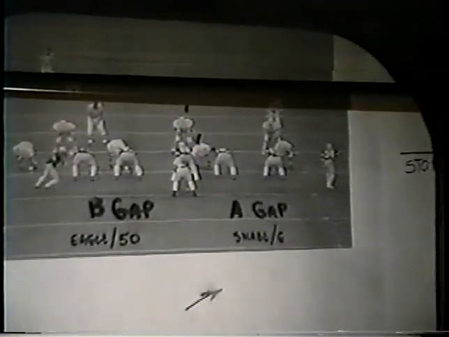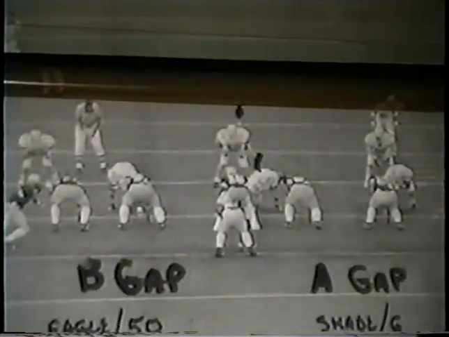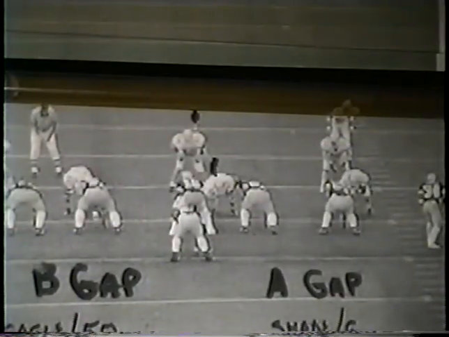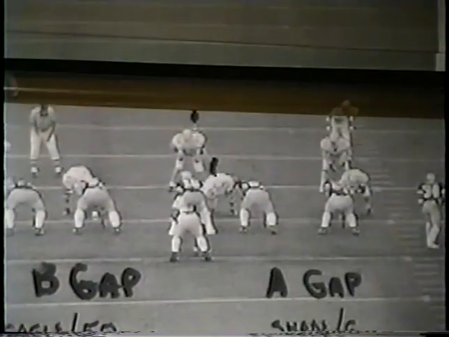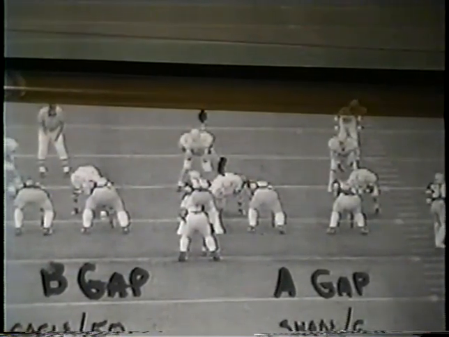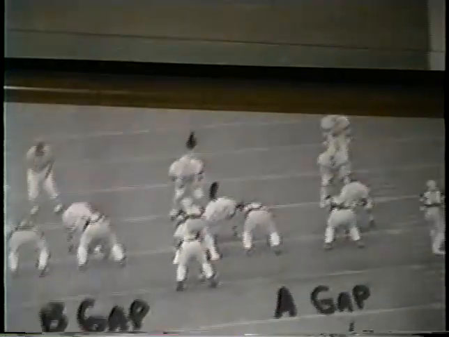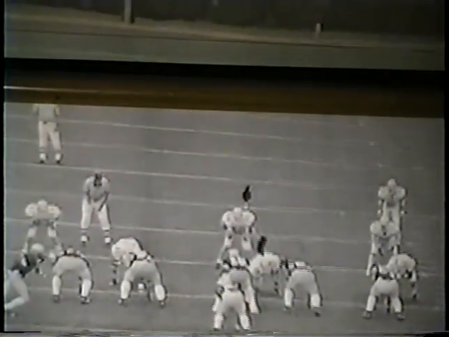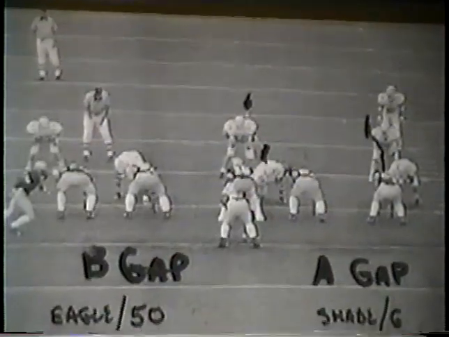As soon as that Mike backer decides I'm going in there to tackle the fullback, then the tackle's going to attack his outside pad and try to pin him inside. If the Mike backer goes flat, then the tackle's going to keep working flat up the field to try to get to it.